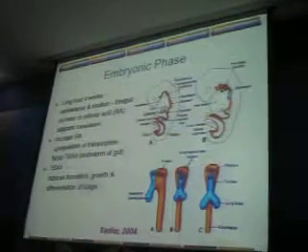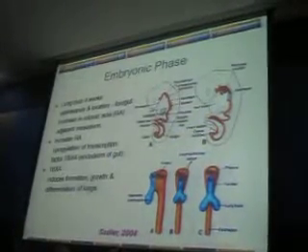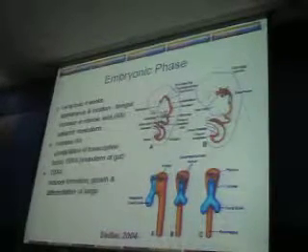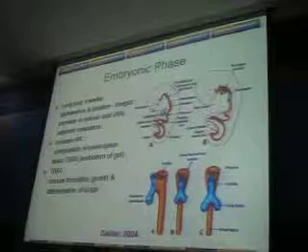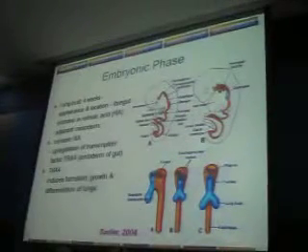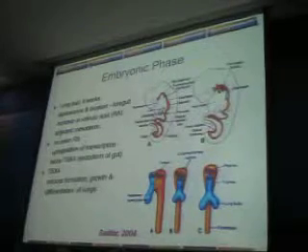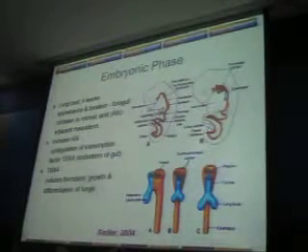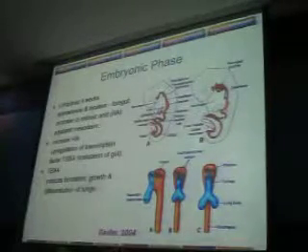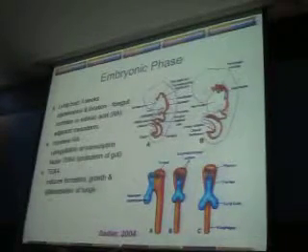Taking the embryo at 4 weeks of life, the appearance and location of your lung bud, which is in the foregut, depends on the increase in your RA factor, which is your retinoic acid. And this comes from the adjacent mesoderm, specifically the splanchnic mesoderm.